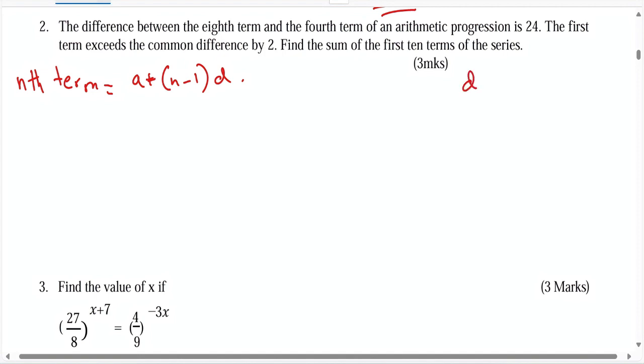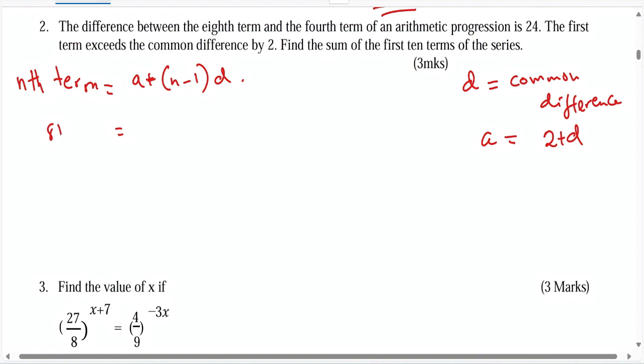So obviously d is given by your common difference. But now, you've been told that your a exceeds the common difference by 2. So it means here that your a is just the same as saying 2 plus d. So, yani ukichukua d ukiongeza 2 itakupa a. So basically, you'll write there a to be 2 plus d.